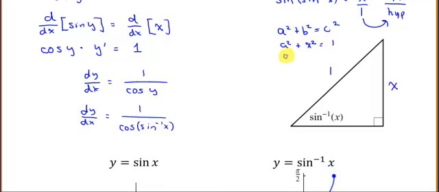So a squared is 1 minus x squared, and a is the square root of 1 minus x squared. The cosine of the sine inverse of x is the cosine of this angle, and the cosine is the adjacent over the hypotenuse, so it's just the square root of 1 minus x squared.